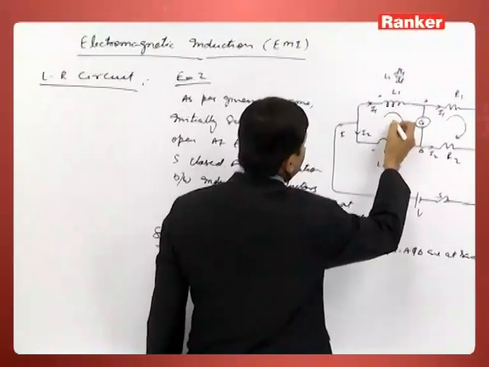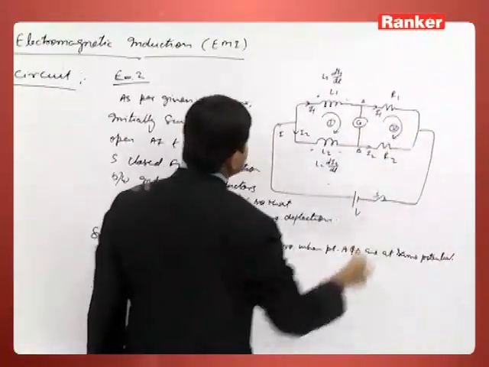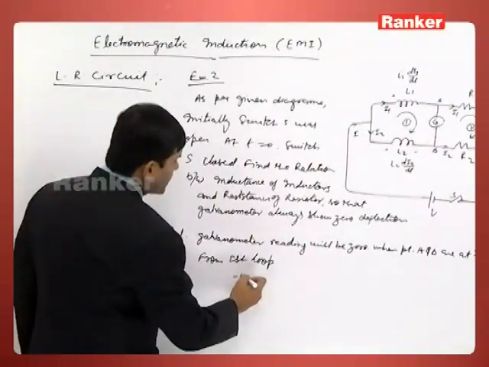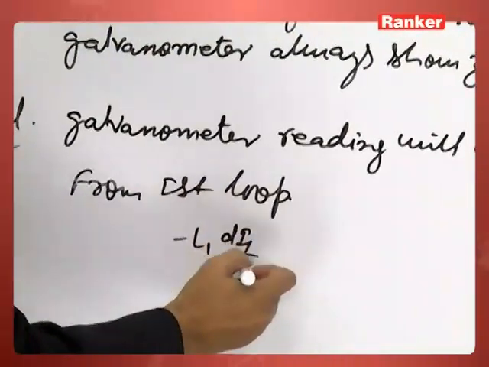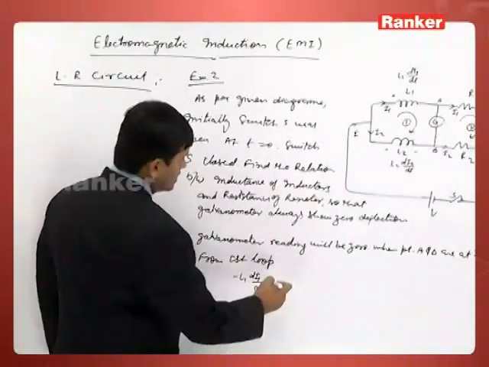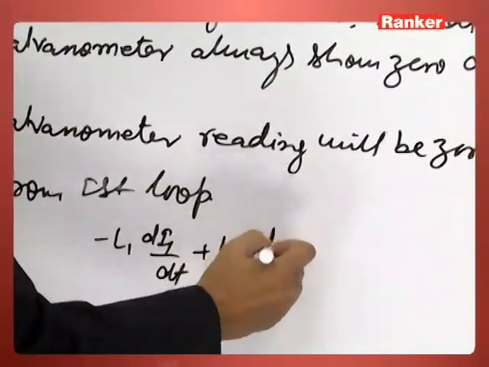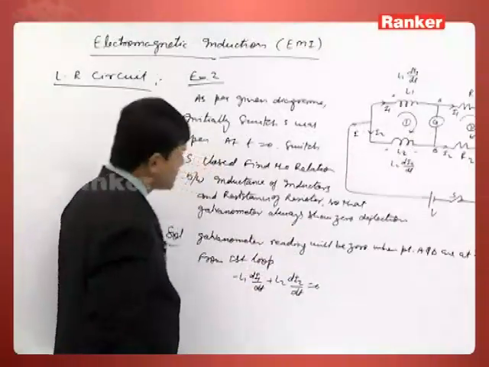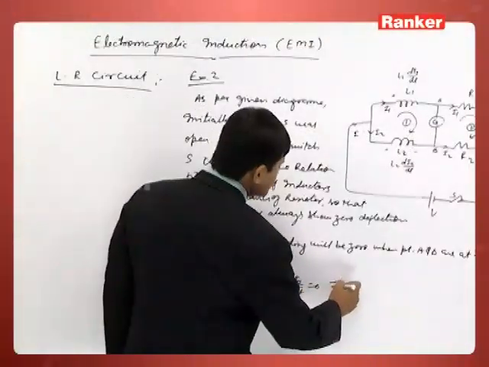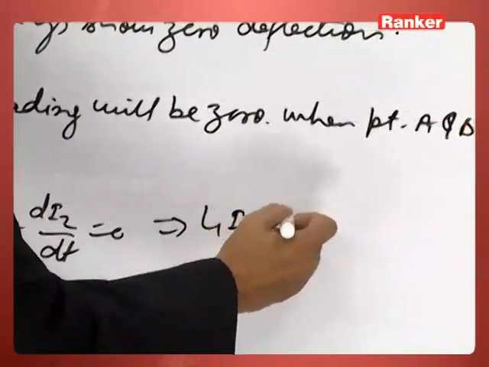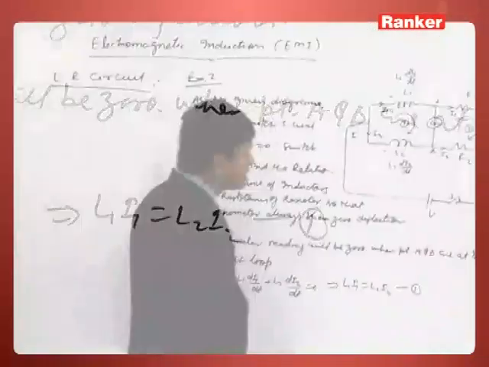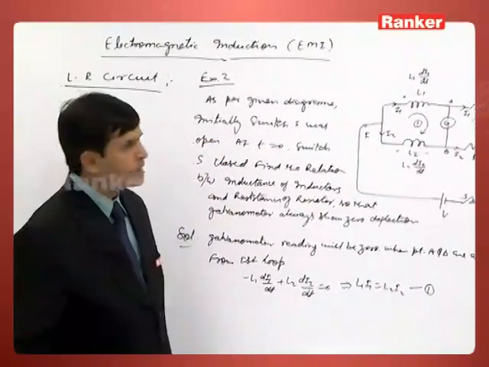Let this be loop number 1 and this loop number 2. From the first loop we can say minus L1 di1 by dt plus L2 di2 by dt is equal to 0. This gives us L1 I1 is equal to L2 I2. Let this be the first equation.